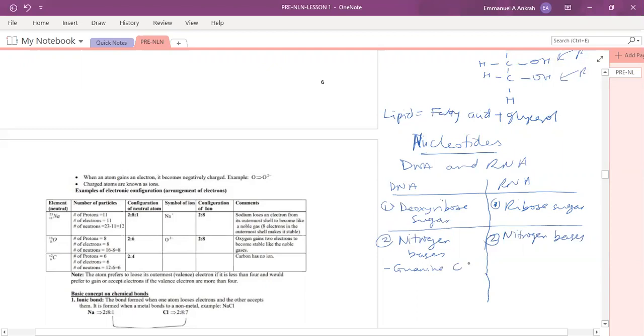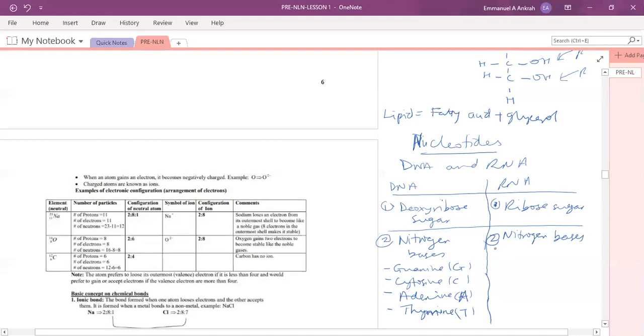So G for guanine. Then you have cytosine, C. Then you have adenine, A. And then you have what we call thymine, T.